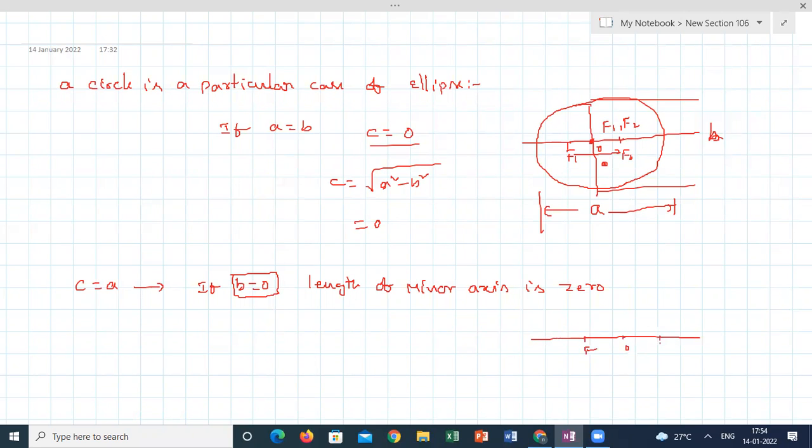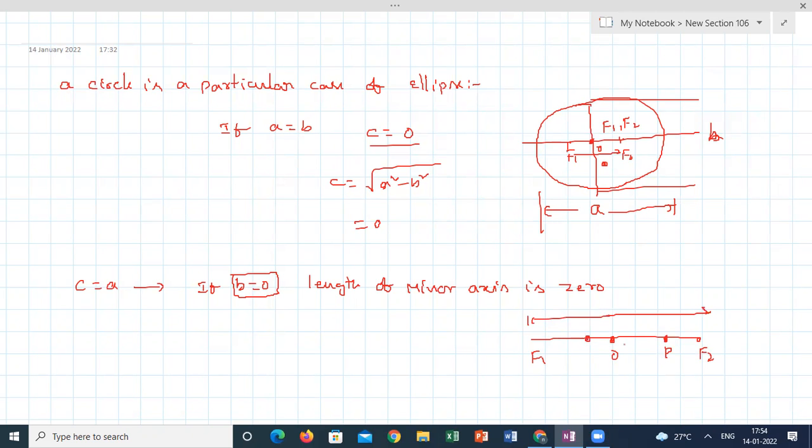This is F1, this is F2. If I take this point, PF1 plus PF2 is always equal to 2A, this length.